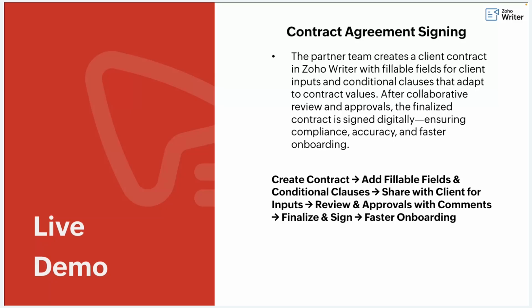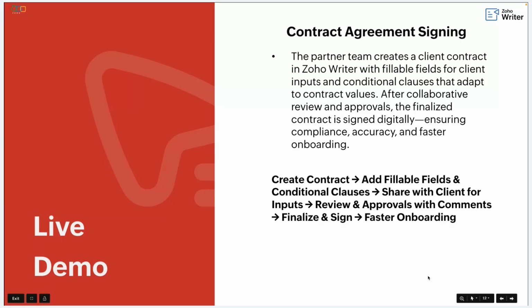So the document is then shared with the client for their inputs, and internally, the team collaborates, reviews, and approves the contract with comments. So once this is finalized, the contract is signed digitally, ensuring compliance, accuracy, and also a faster onboarding process. So can you show us a quick demo on this contract agreement process?